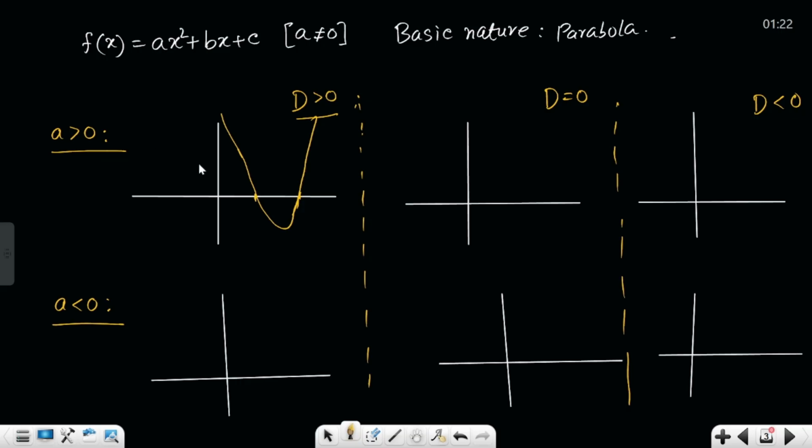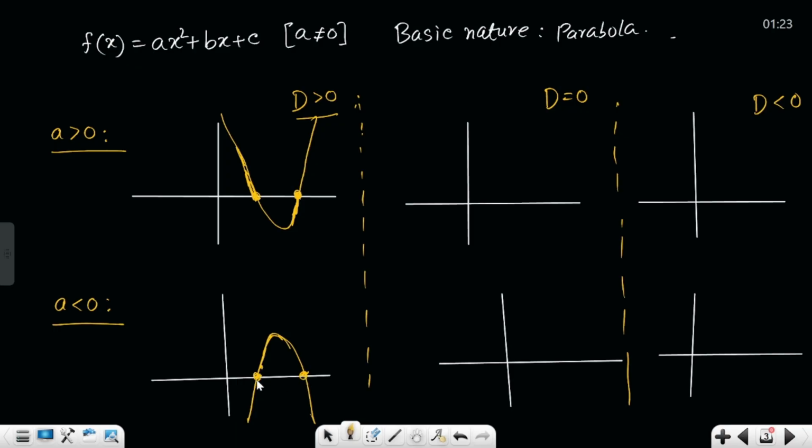It will be a parabola which cuts the x-axis at two distinct points. So it's the graph for D greater than 0 and a greater than 0. For a less than 0, the graph will be similar, a downward parabola.